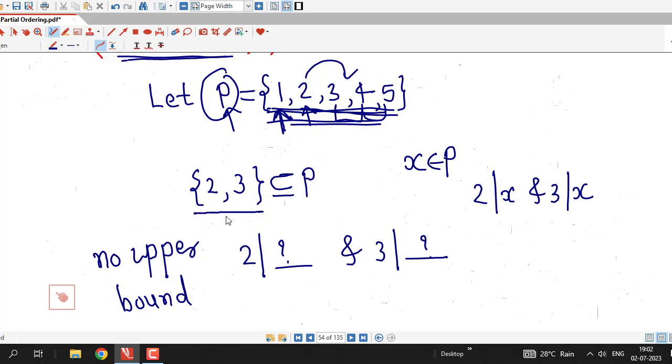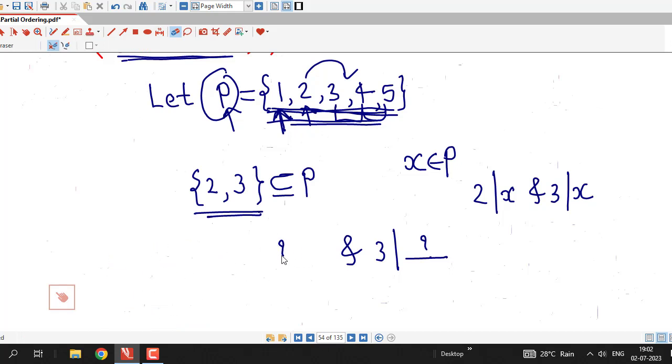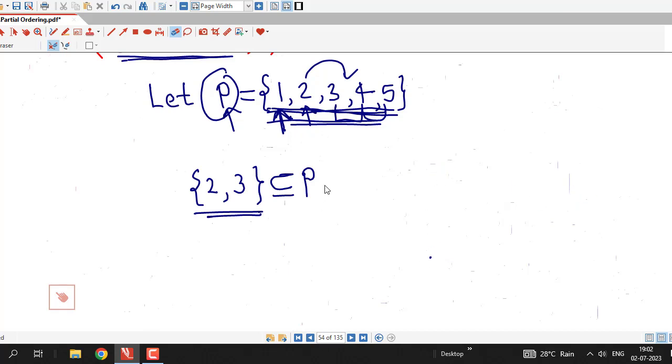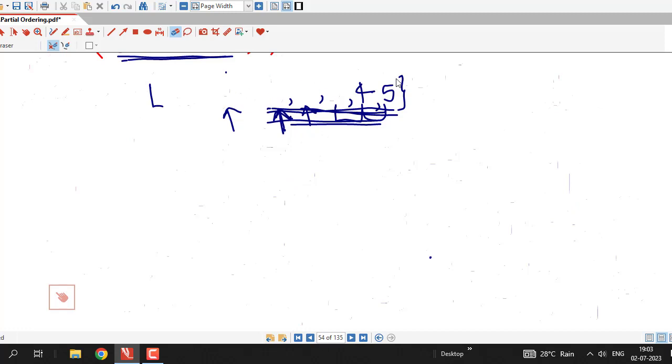Therefore, this subset has no upper bound in the given partially ordered set P, and if we have no upper bound, then certainly we don't have any least upper bound. So the least upper bound does not exist for this subset having two elements 2 and 3, and therefore this partially ordered set is not a lattice.